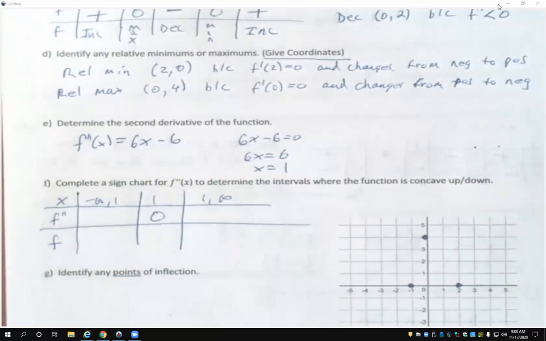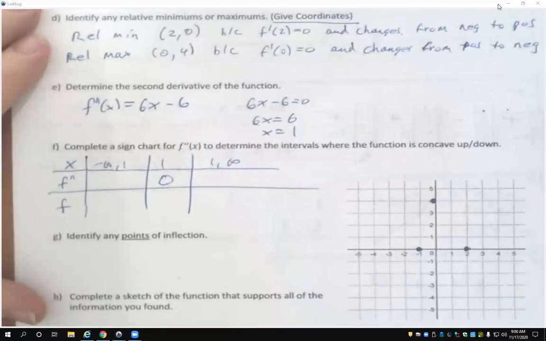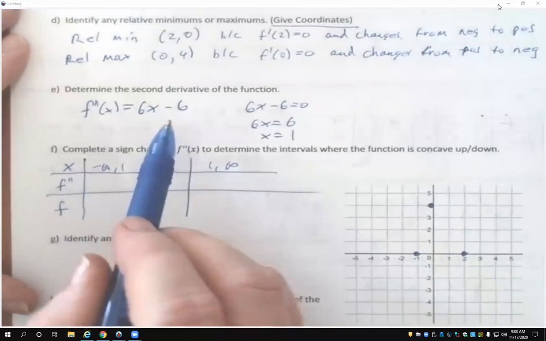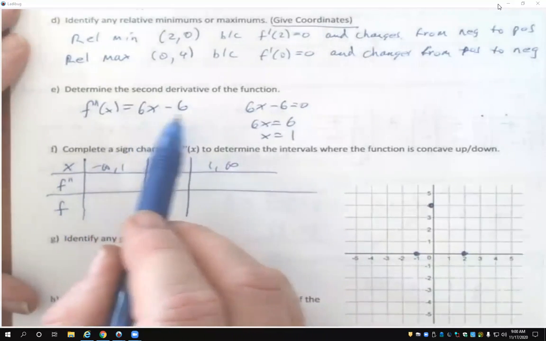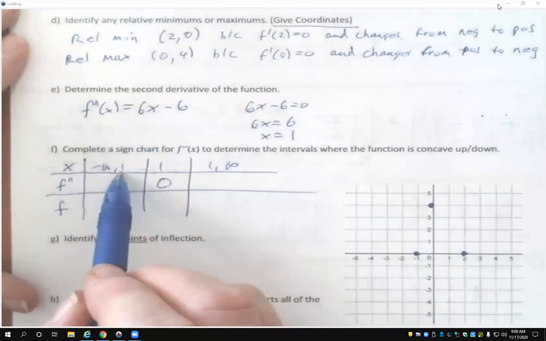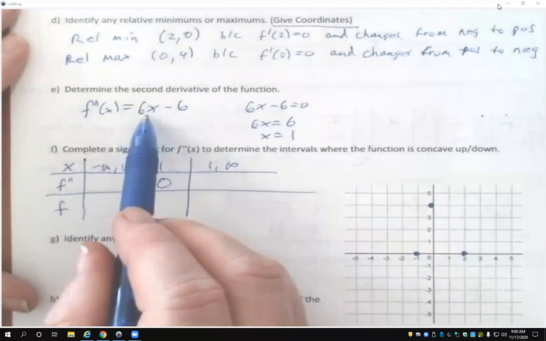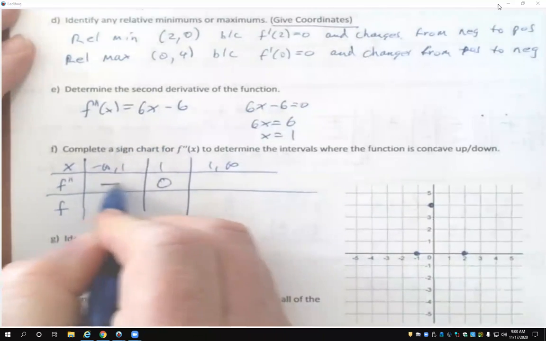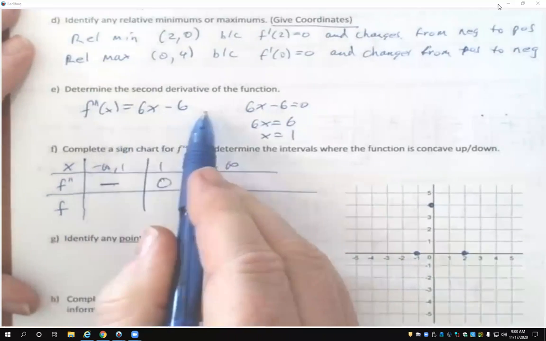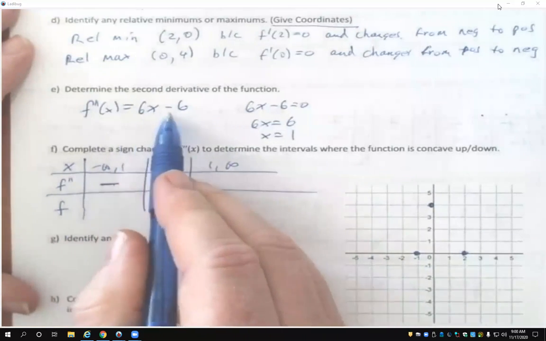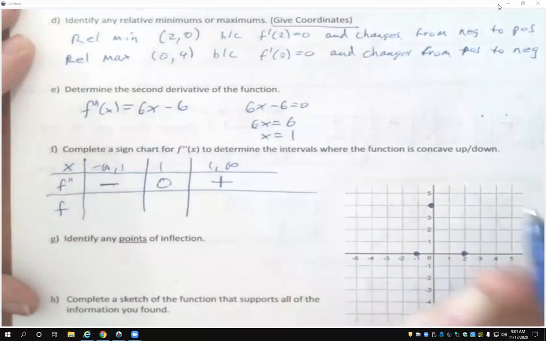We know at 1 we're getting 0. We plug into our second derivative, this function right here. Let's pick 0: 6 times 0 minus 6 is negative. When I pick a number bigger than 1, 6 times 2 minus 6 is positive.